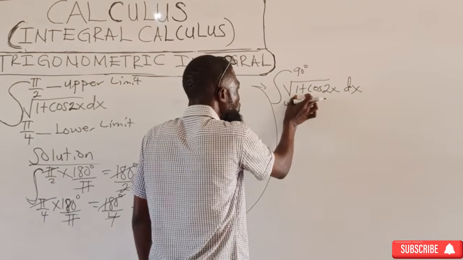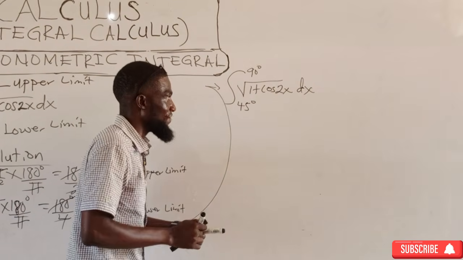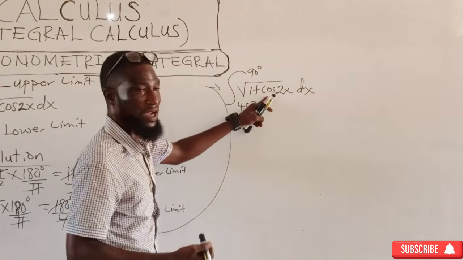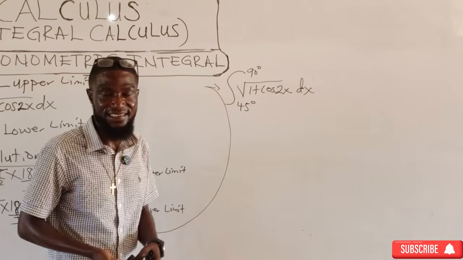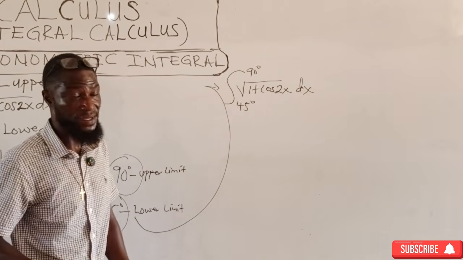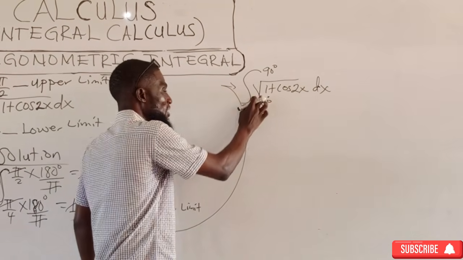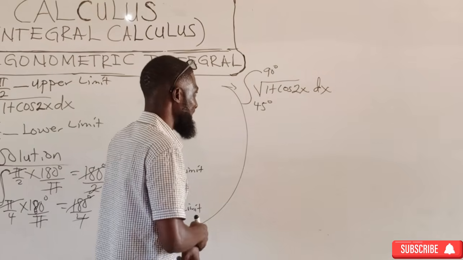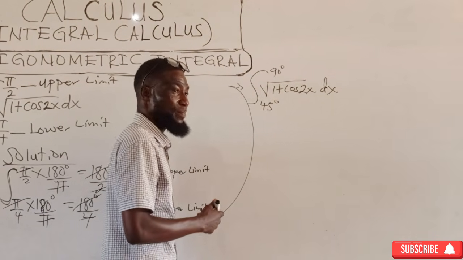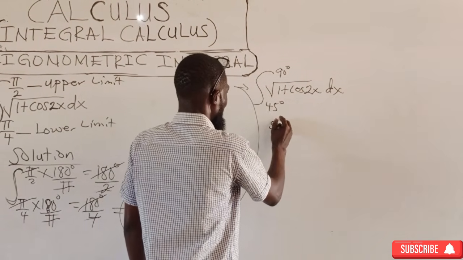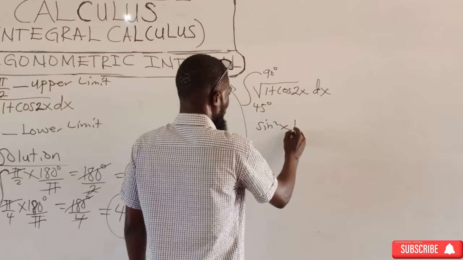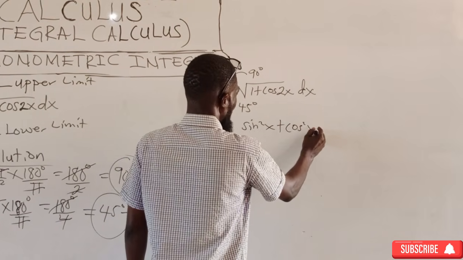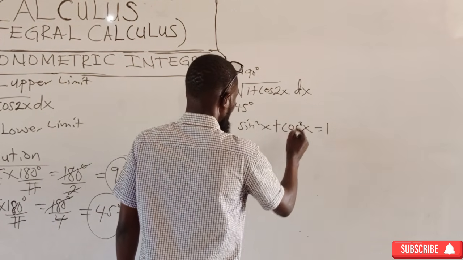We'll be dealing with the trigonometric values within here by using trigonometric identities. And for this one, which is 1, we'll be using the Pythagorean identity. The Pythagorean identity is sin squared x plus cos squared x equals 1.